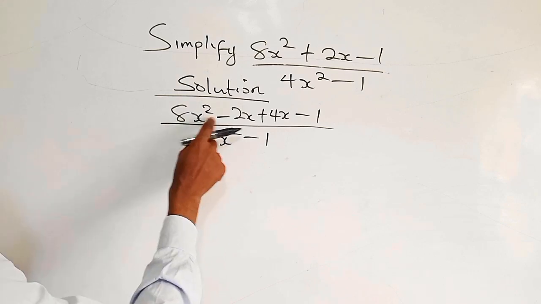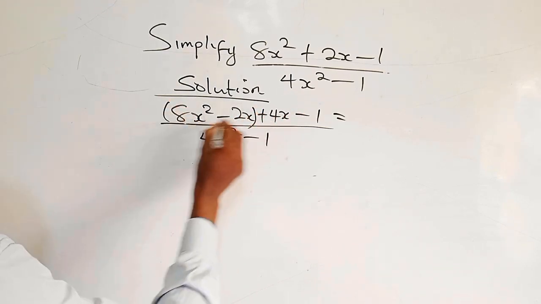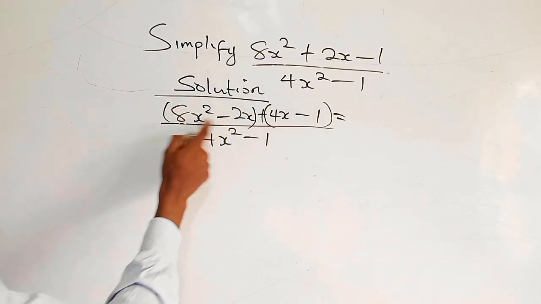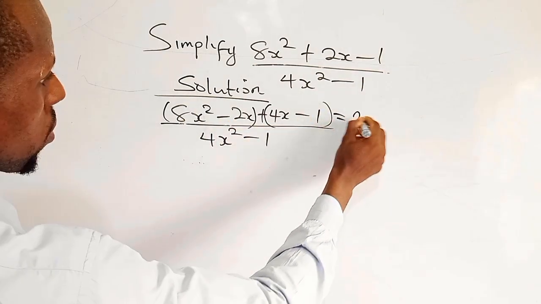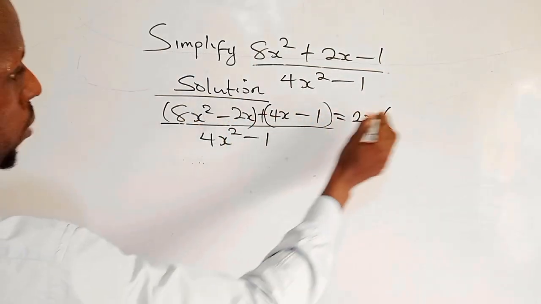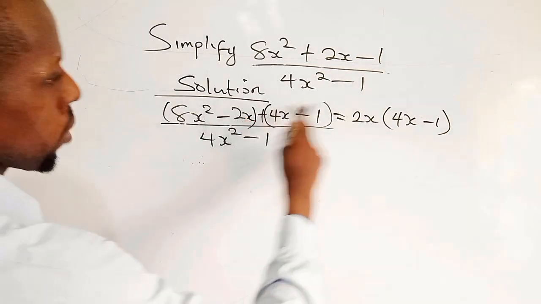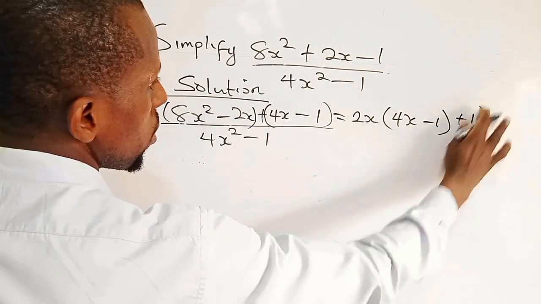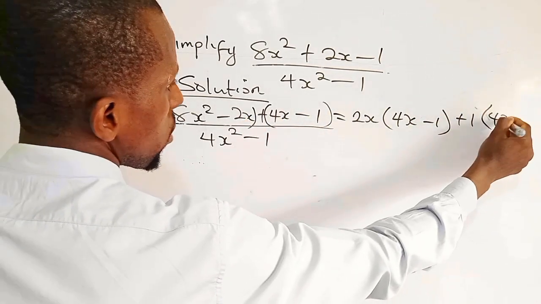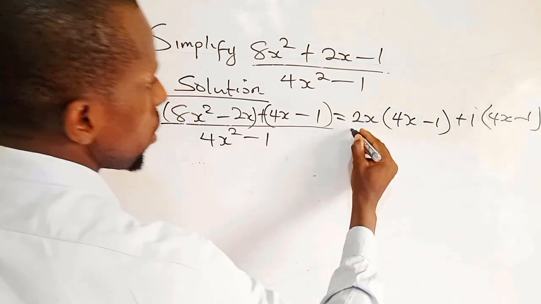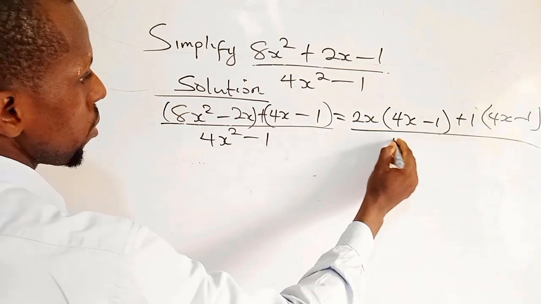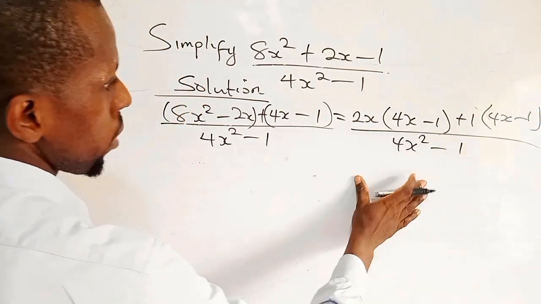When we group it, 2x is common, so here we have 4x minus 1, plus 1 into 4x minus 1, everything divided by 4x squared minus 1.